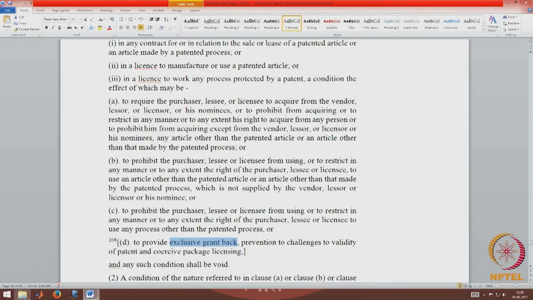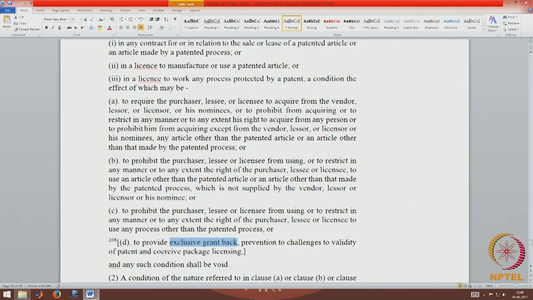If you have any such term in your agreement of licensing or sale or lease of your patent, then such a condition shall be void. Restrictive conditions are conditions which, when a person is licensing, a patentee cannot impose. For instance, a patentee cannot tell the licensee not to challenge the validity of his patent.